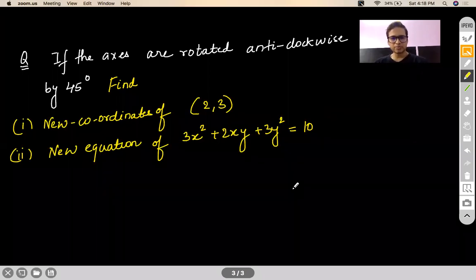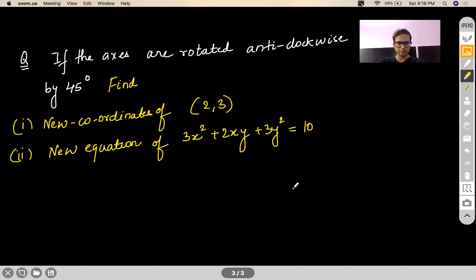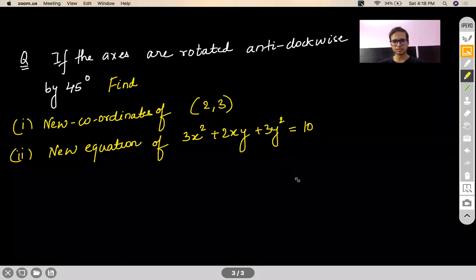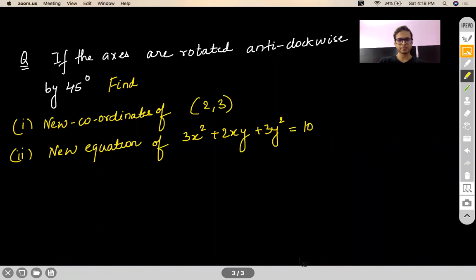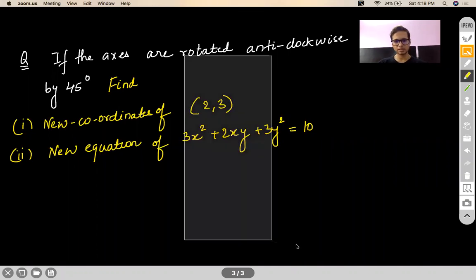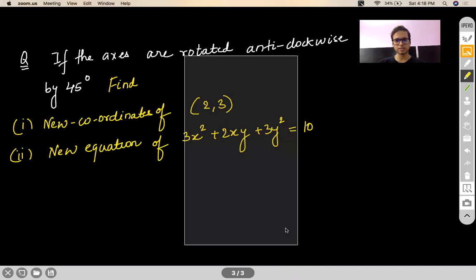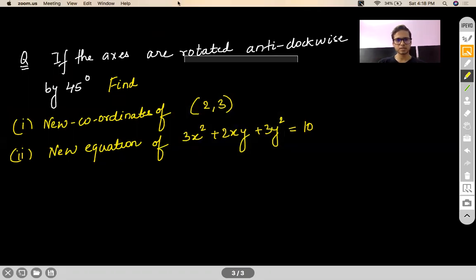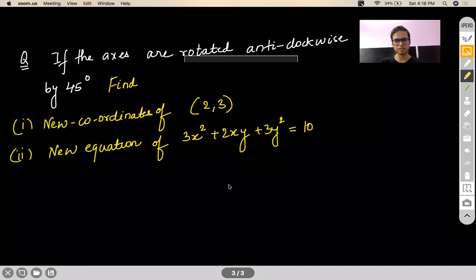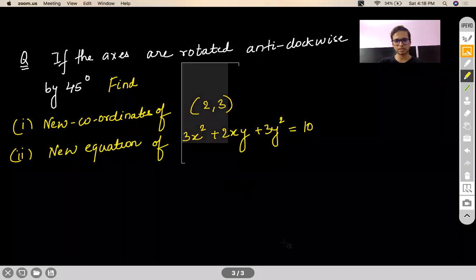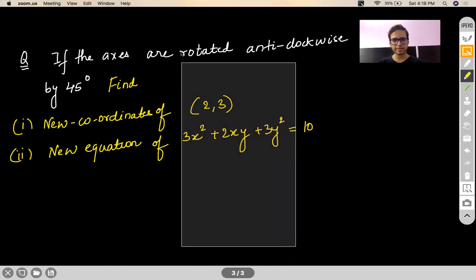Find the new coordinates of 2 comma 3 and find the new equation of this curve. Okay, very good.